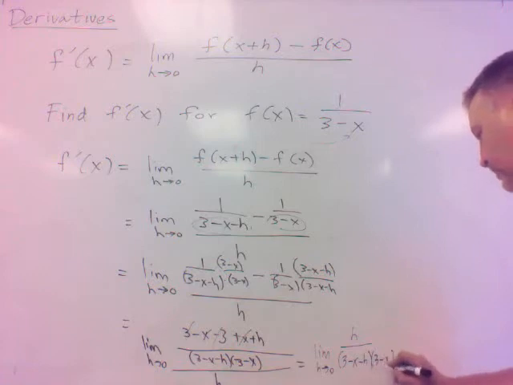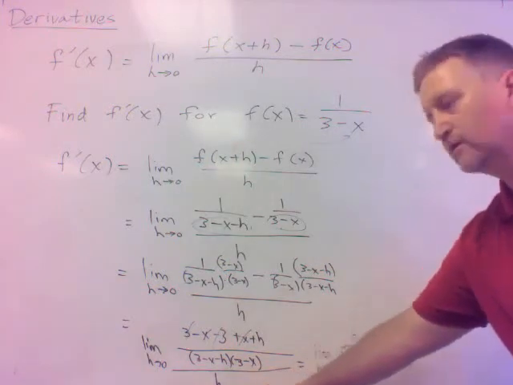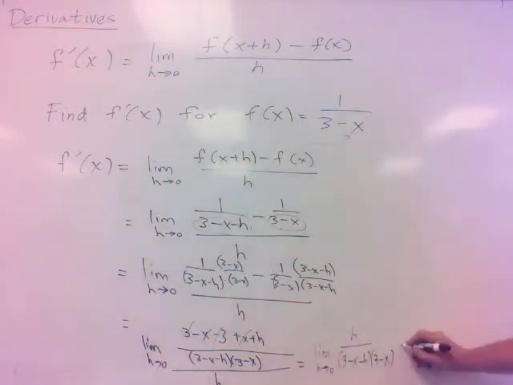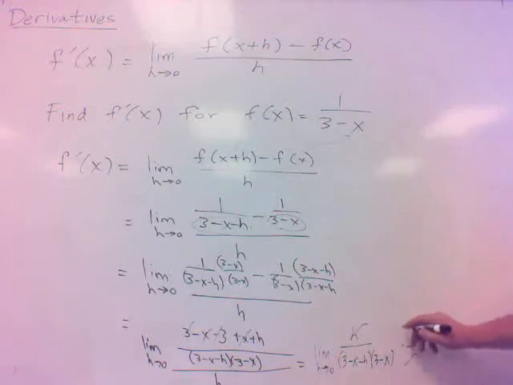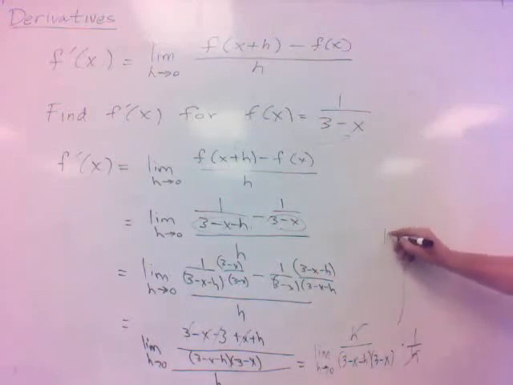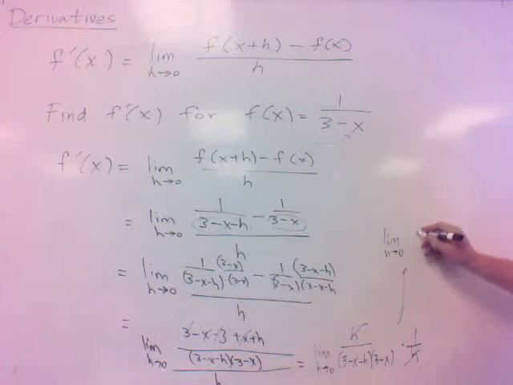And then what do we do with the divide by h? Move it up and say it's times 1 over h. That'd be a better way of writing it, because what happens? The h's cancel. Okay? And that'll just leave me the limit as h approaches 0 of 1 over 3 minus x minus h times 3 minus x.